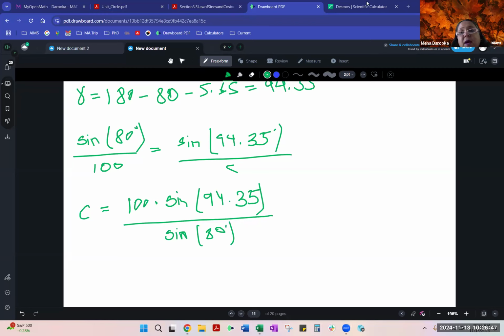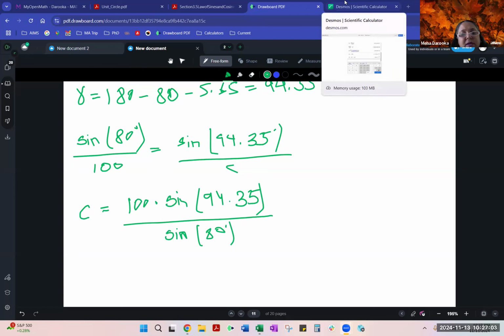Okay. All right, guys, what is our answer coming out to be for side C, when the angle is 94.35? All right, Phoenix, I see your answer.